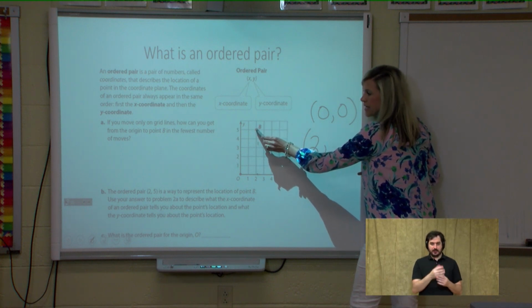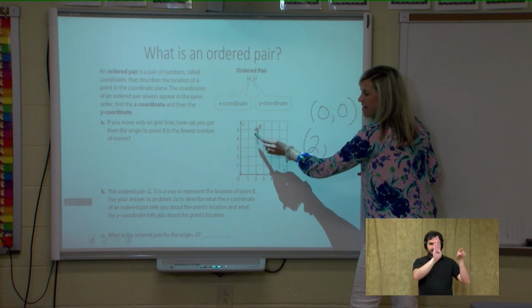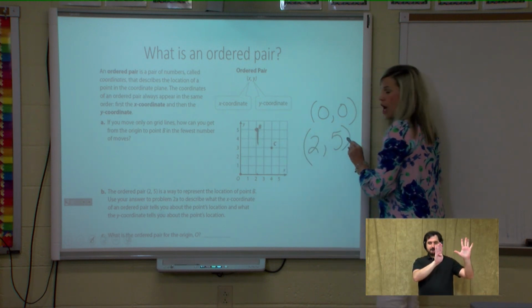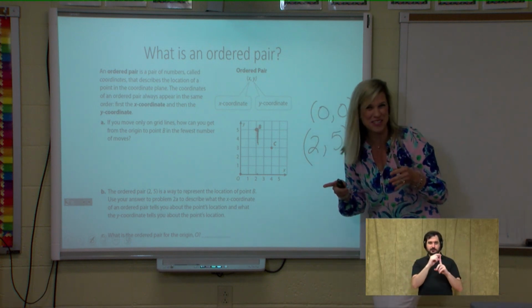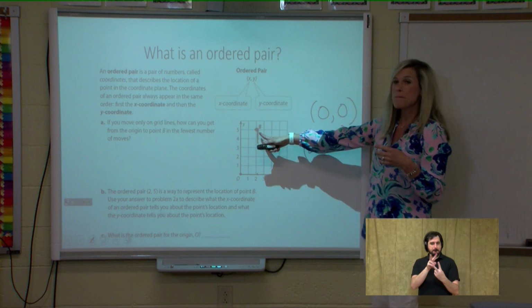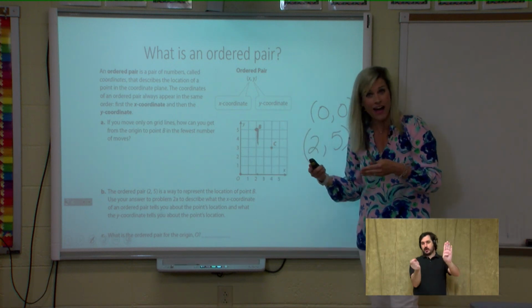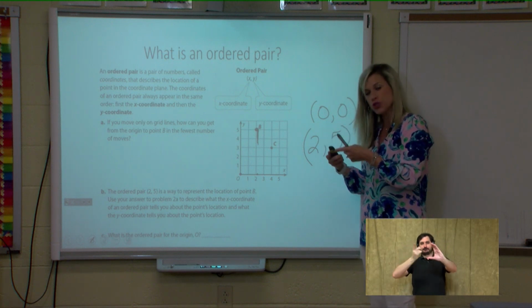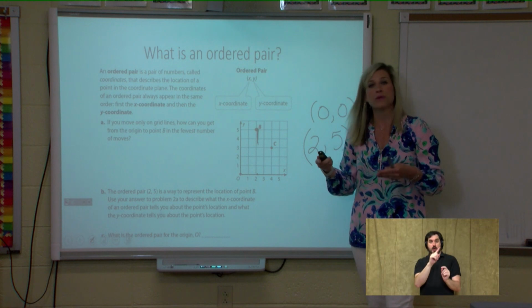Where does B land? It's right there, yeah, at the 5. So the ordered pair for B is 2, 5. We moved over 2 and up 5, and that's where our B was plotted.